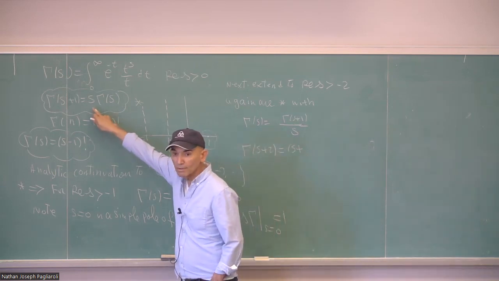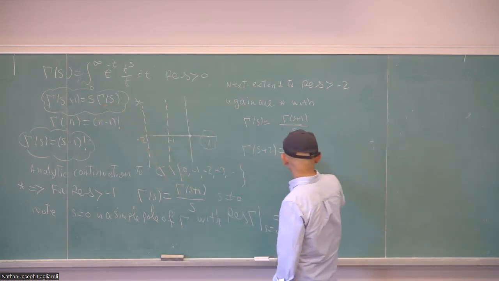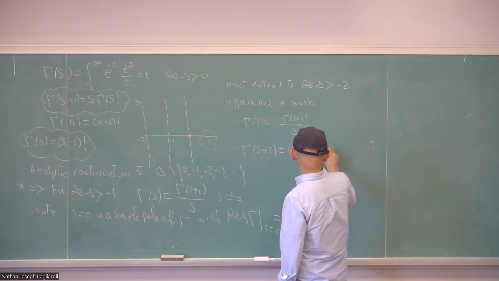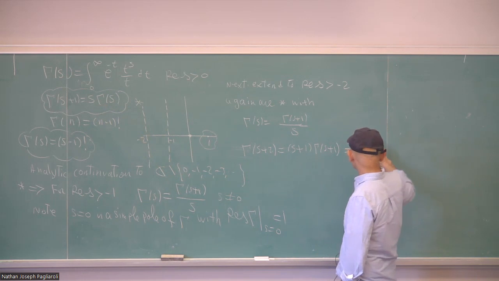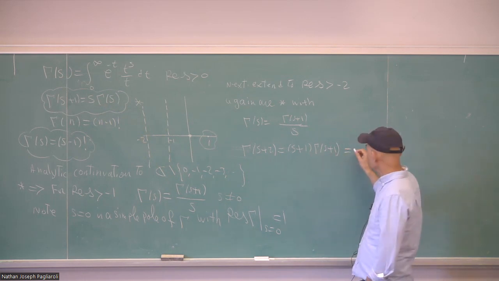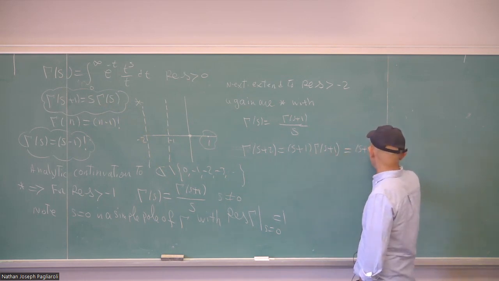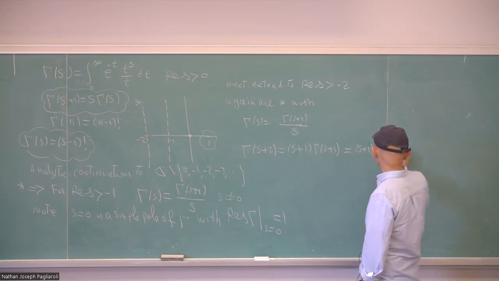Isn't that equal to s plus 1 times gamma of s plus 1, right? And then this is equal to s plus 1 times s times gamma of s, right?